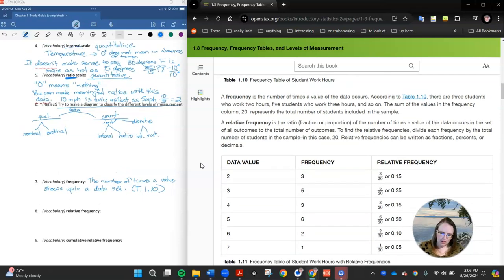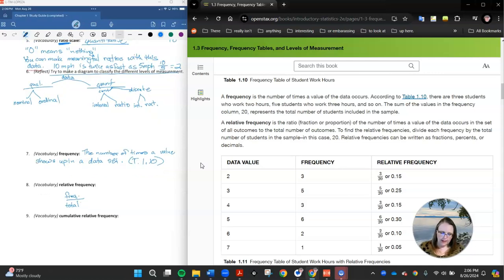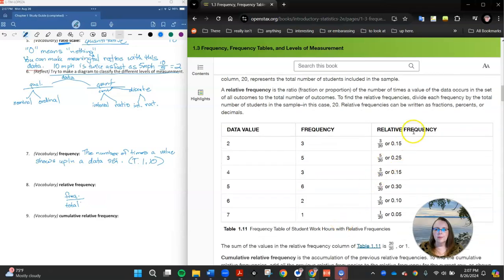Relative frequency, instead of giving it a word definition, it is the frequency of an object or a value in a data set over the total number of things being measured. So in the case of this data set, if you've got it set up with the data value and the frequency, you need to figure out how many pieces of data there were in total.